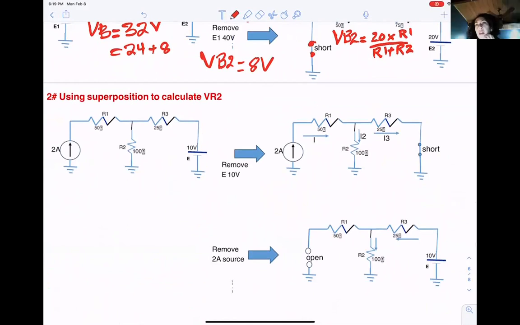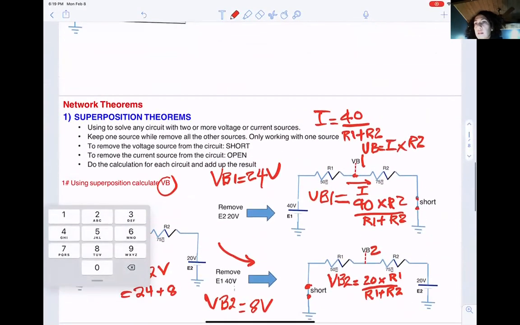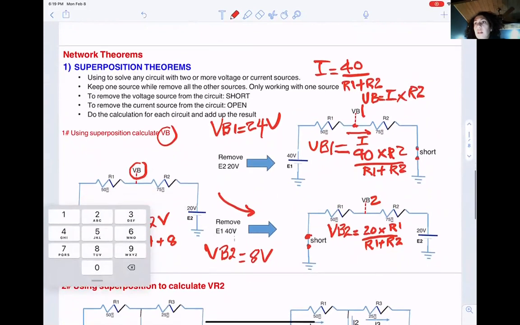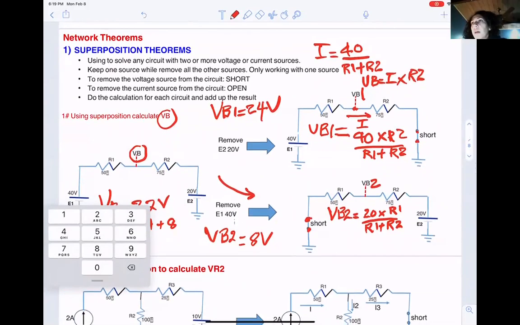Can I ask you a question about number 1? Your question about VB1 or what? Yeah, so I see that you have added 24 and 8, but the way the voltage sources are in the circuit, doesn't it mean they have to be subtracted? Or am I looking at it wrong? Okay.